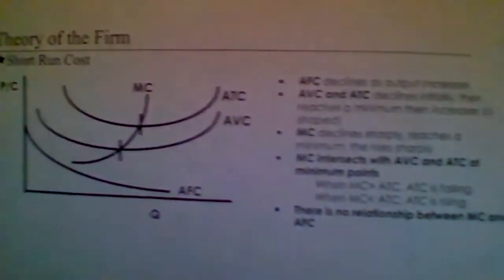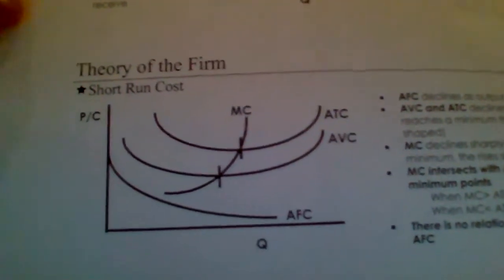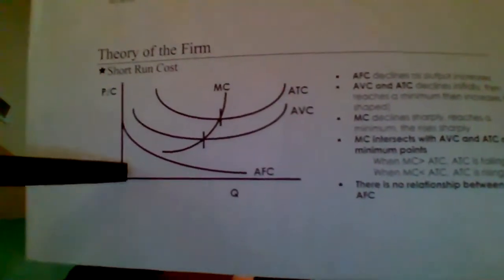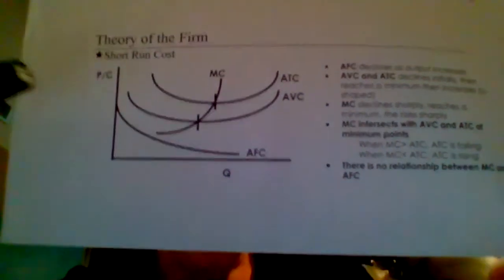Now, I want to review what these cost curves look like, and I have a graph for you of that. So, our cost curves, guys. You need to remember that we always have our money and our quantity. Now, average fixed cost will always be decreasing because your fixed cost is fixed. It's constant. It doesn't change.